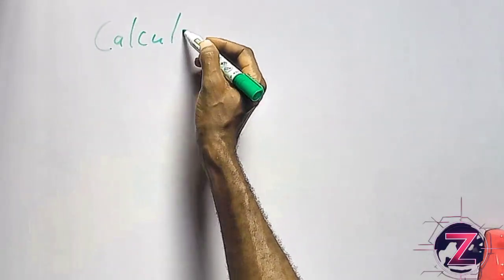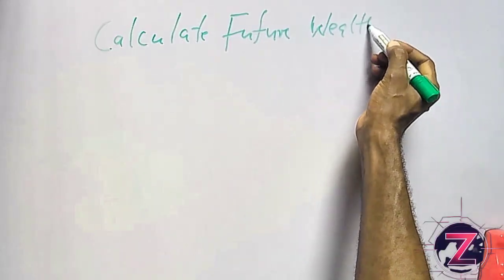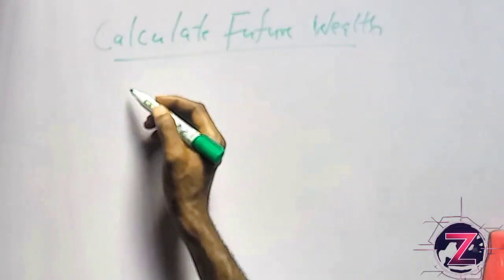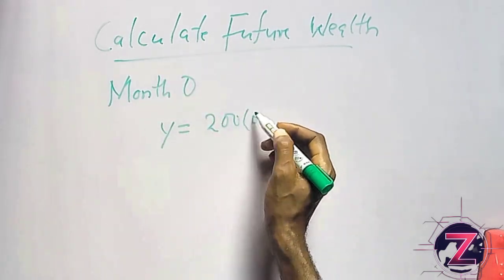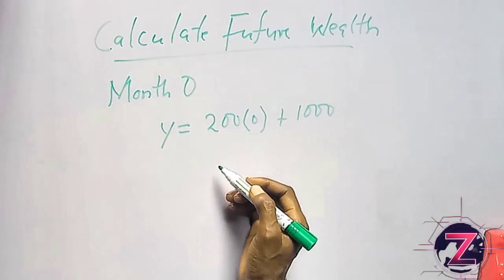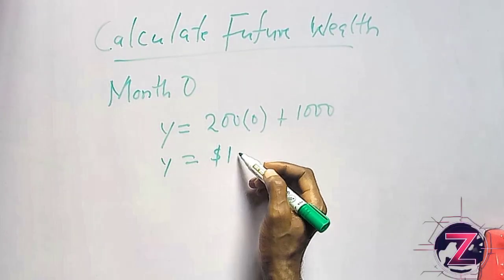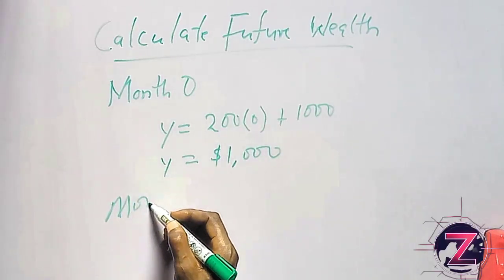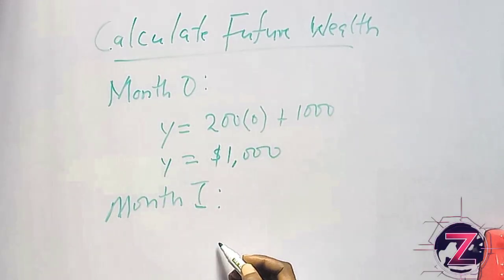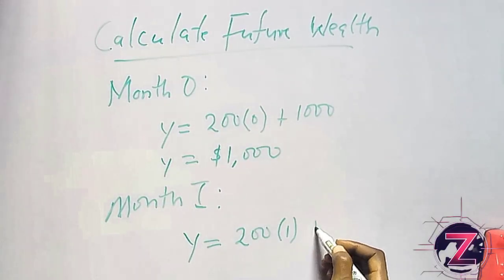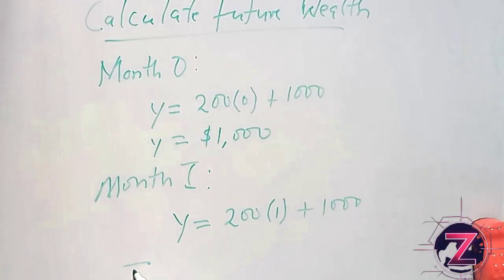Calculating future wealth. Now, at month 0, David's Y will be equal to 200 times 0 plus 1,000, which means Y will be equal to $1,000. Then in month 1, Y will be equal to 200 multiplied by 1 plus 1,000, which means Y will be equal to $1,200.